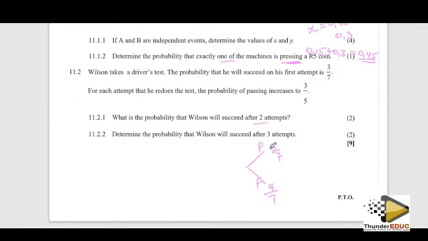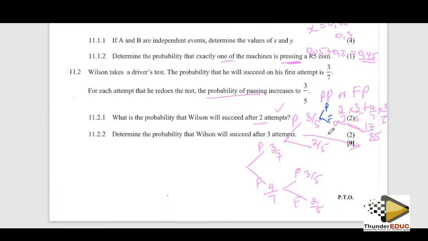So if this is the first attempt, then for the second attempt, they told us that for each attempt the probability increases to 3/5. So for him to pass, it's 3/5, and for him to fail, it's going to be 2/5. If he fails the first test, for him to pass it's going to be 3/5, and then fail.